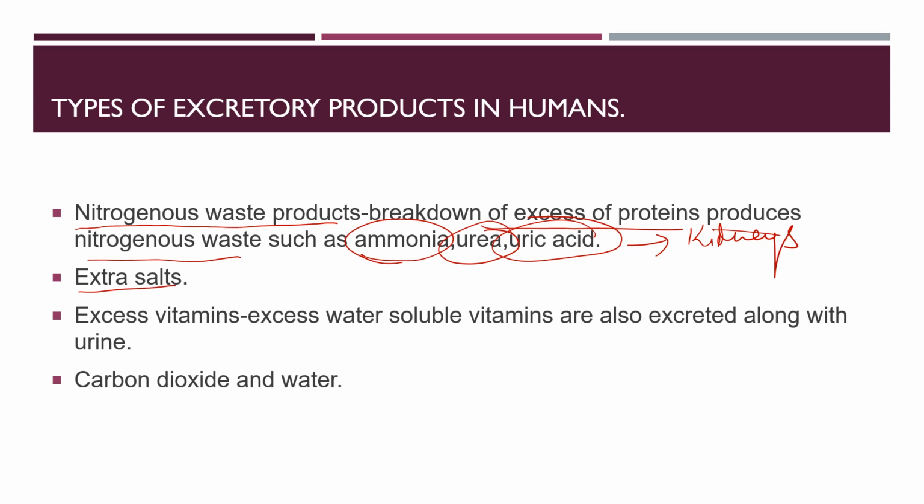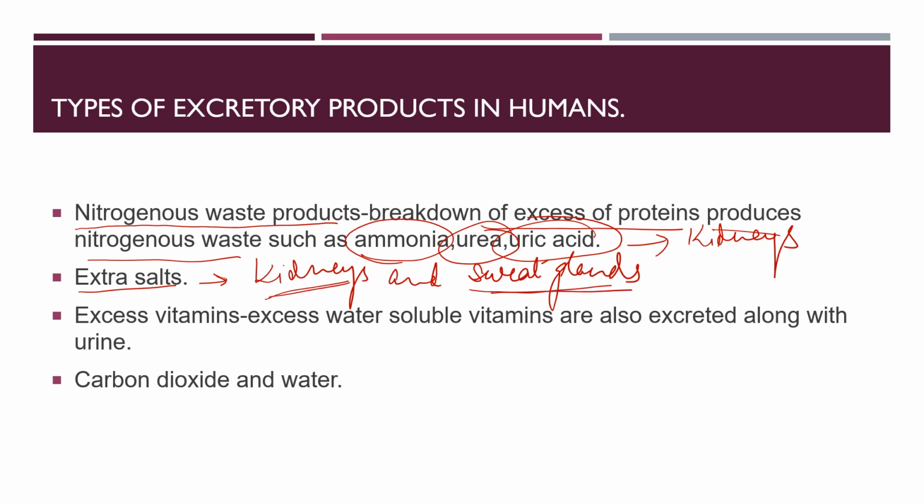Now next comes the extra salt. Our body needs certain amounts of salt, but excess salts should not be there in our body. They are mainly excreted through the kidneys as well as the sweat glands. We will learn that there are several accessory excretory organs in our body, and among the accessory organs lie the sweat glands. Kidneys are the main excretory organs.